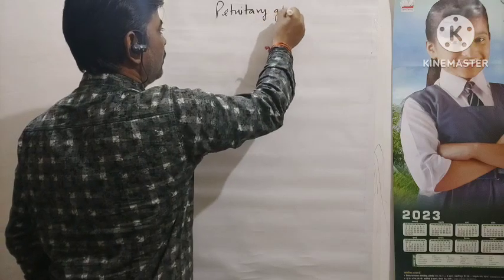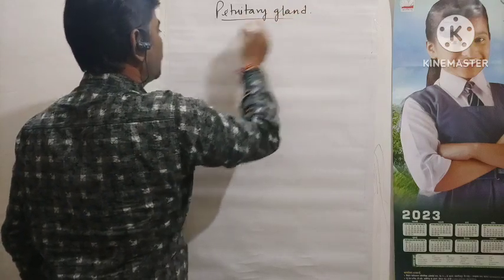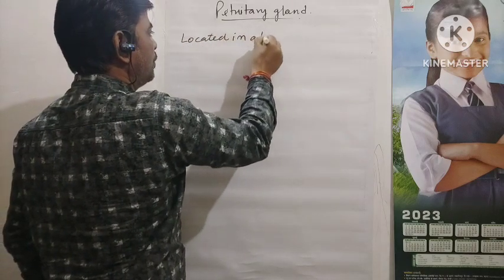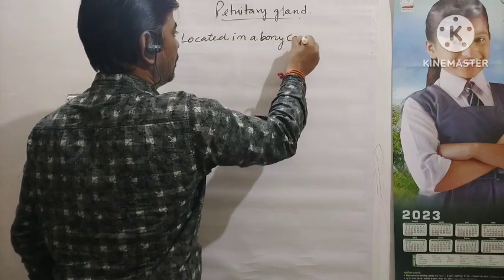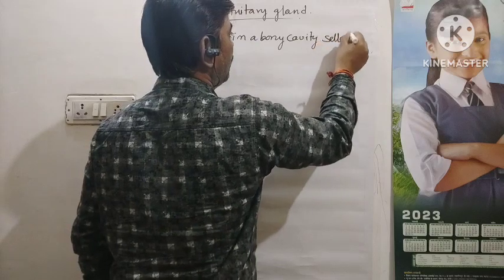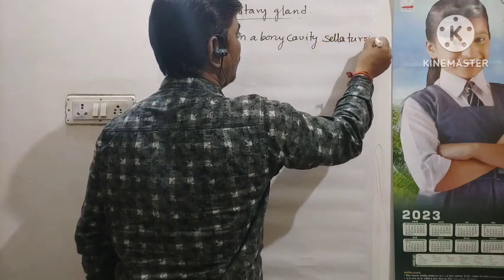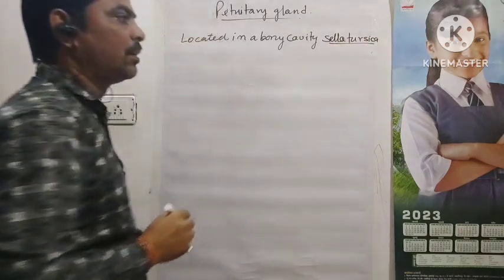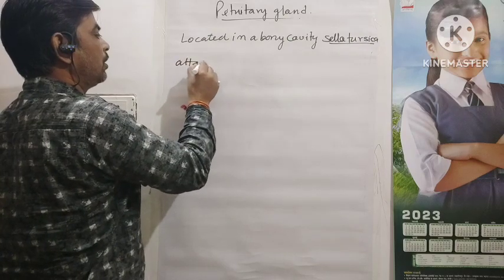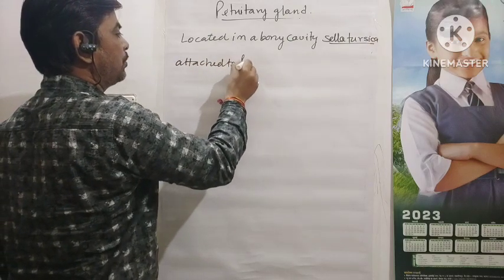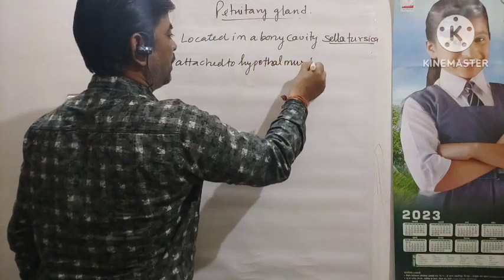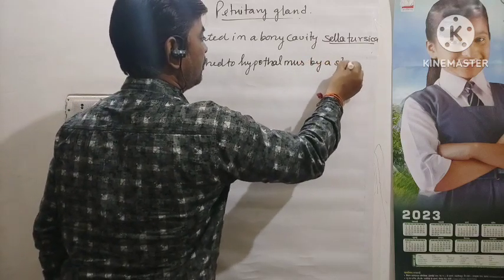Hello everyone, welcome back to online class. Today we are going to study the second gland of the body, the pituitary gland. The pituitary gland is located in a bony cavity called the sella turcica, attached to the hypothalamus by a stalk.